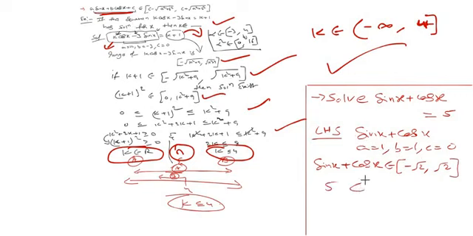That means it is clearly negative root 2 comma root 2. 5 does not belong to closed negative root 2 to root 2. If 5 belongs to negative root 2 to root 2 closed, then a solution may exist. But here clearly 5 does not belong to it, so that's why there is no solution.